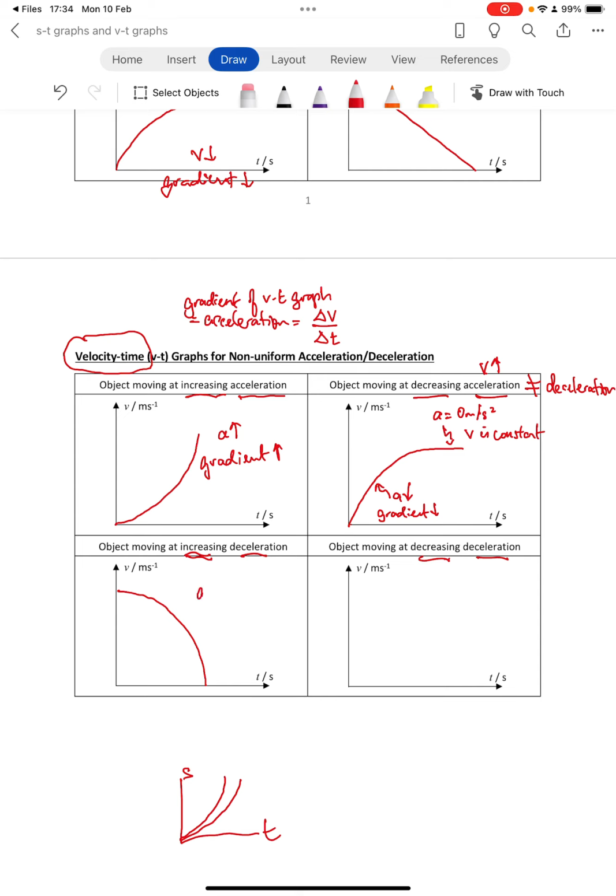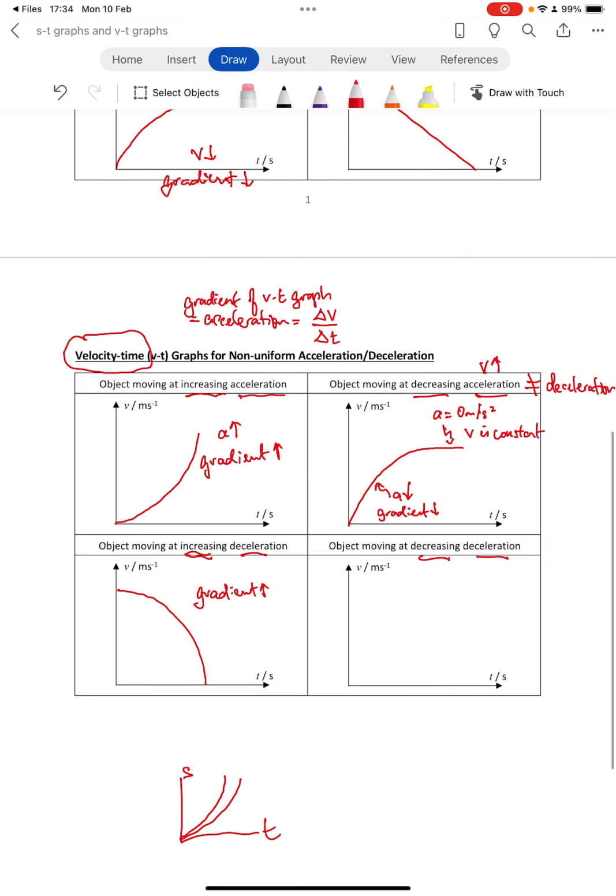You contrast with this one, the gradient is increasing, although the line is going down. Here, the line is going down, but the gradient is decreasing, so you look like this. Okay, so the gradient is decreasing, and the line is going down because it's decelerating. All right?